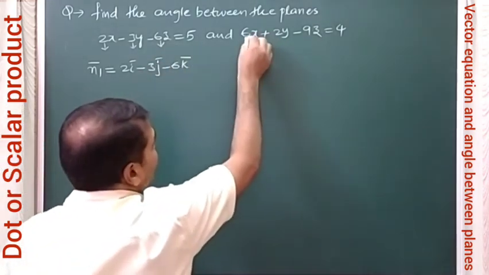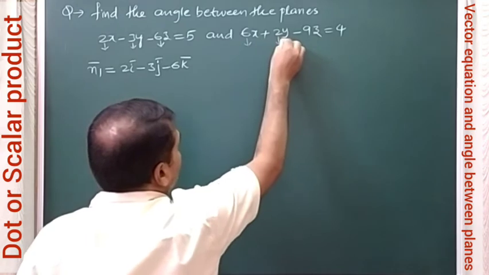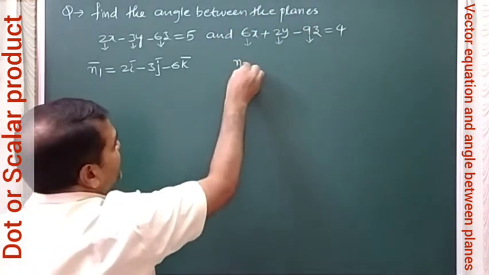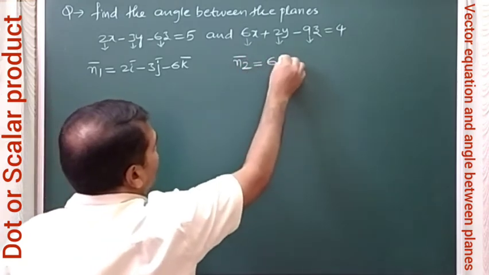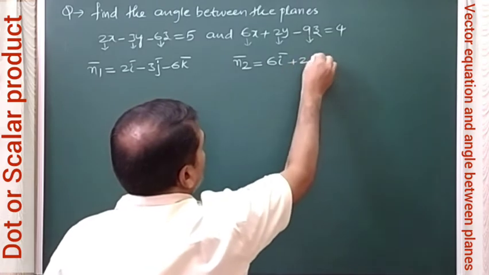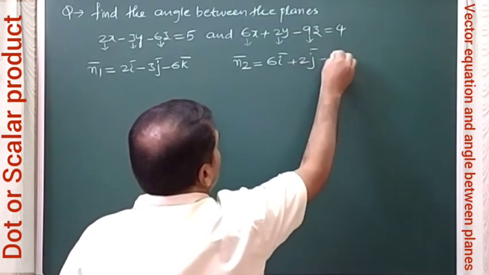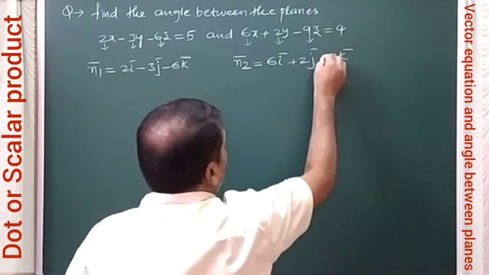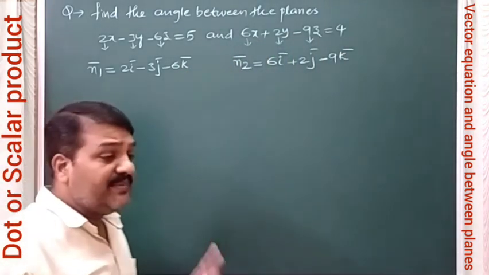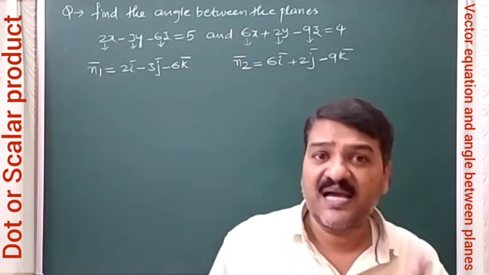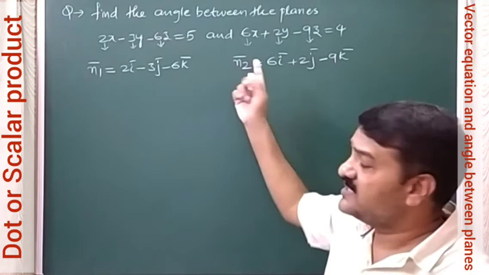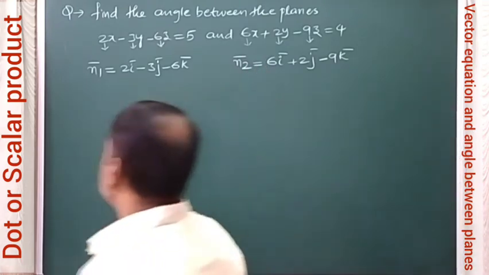For the second plane, these coefficients of x, y, z will give you normal to the plane. So let n2 bar be the normal to the second plane. 6i bar plus 2j bar minus 9k bar is the normal to the second plane. And angle between planes is always angle between their normals. So angle between these normals is nothing but angle between the planes.